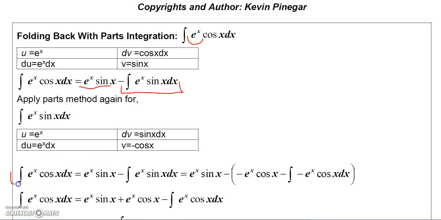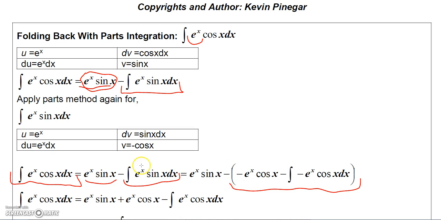Now this is the original integral, e to the x cosine x dx. And that equaled, if you go back up here, we got this as the first term, e to the x sine x. So there's that. And then minus this integral. So I've got to replace this integral with, and I'm going to just put it all in brackets so I can distribute the minus through.